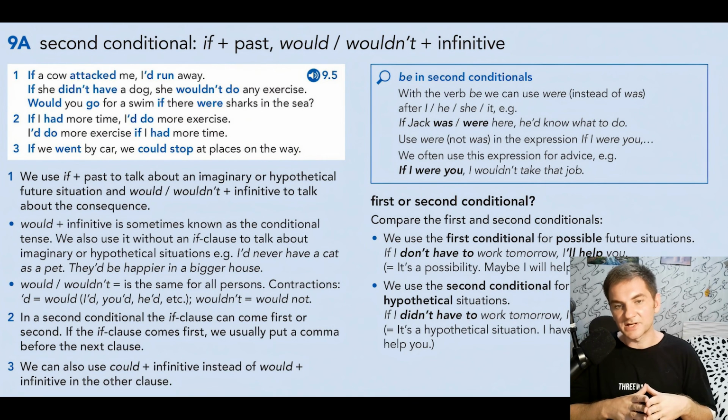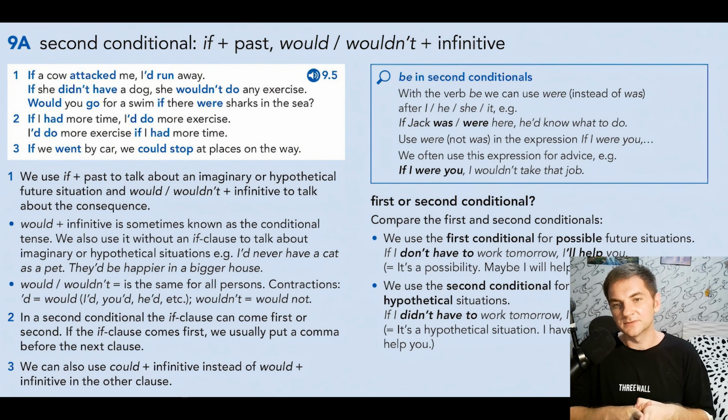Contractions. Apostrophe plus D, would. I'd, it's like I would. You'd, it's like you would. He'd, it's like he would, and so on. Wouldn't is like would not. In a second conditional, the if clause can come first or second.